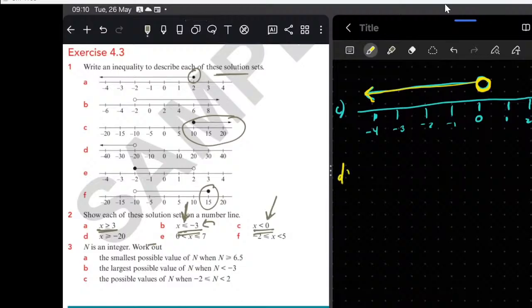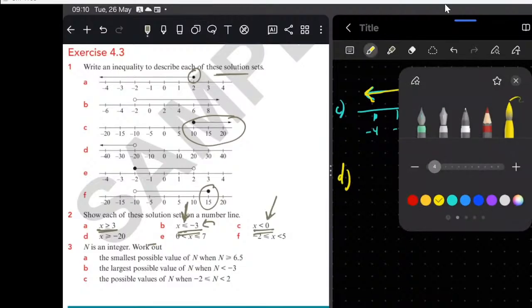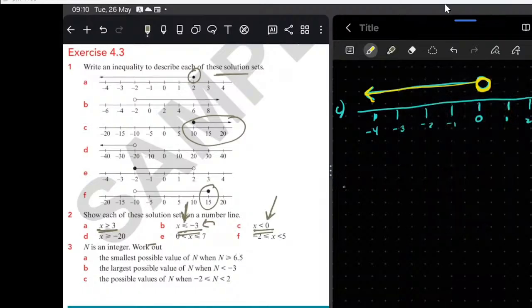Let's do part D now. Tell me, Vic, what is your part D saying? X is what? X is greater than or equal to what?